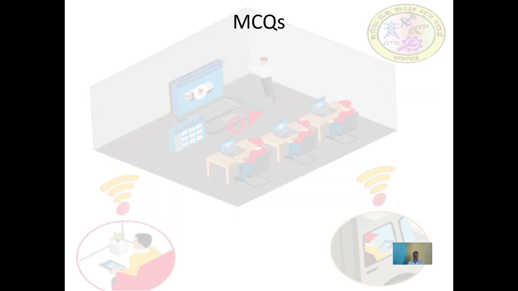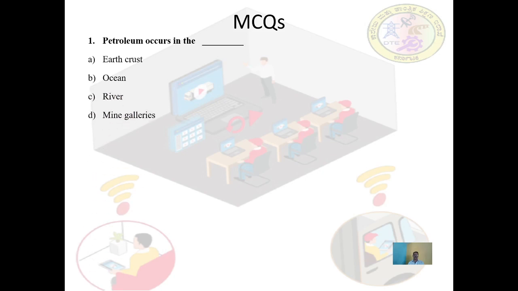Next, we'll see some of the MCQs. Petroleum occurs in dash. Options are A. Earth crust, B. Ocean, C. River, D. Mine galleries. Option A is the right answer. Petroleum occurs in earth crust.